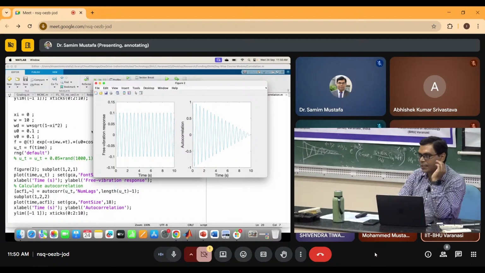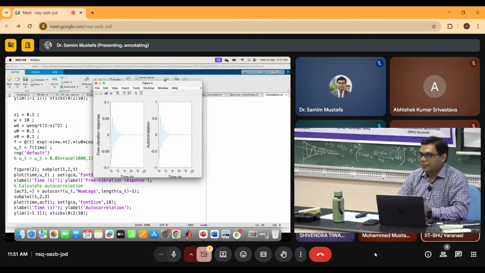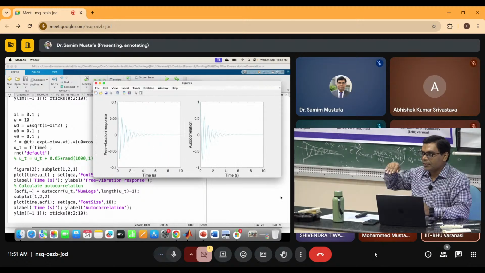Okay, now if I make it very highly damped, 10%, then what result you will get? See, if I am increasing the damping, the more damped structure means it is coming to rest very quickly. It dampens the motion. Okay, so this type of thing you can select.